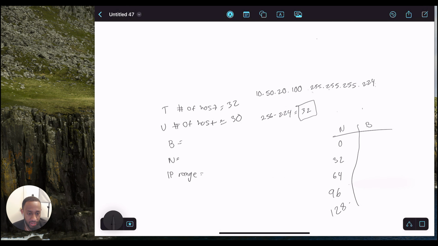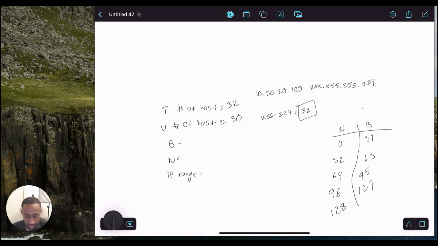Now that I added everything by 32, essentially what I can do is go to this side and subtract 1: 32 minus 1 is 31, 64 minus 1 is 63, 96 minus 1 is 95, 128 minus 1 is 127. And now we can stop.